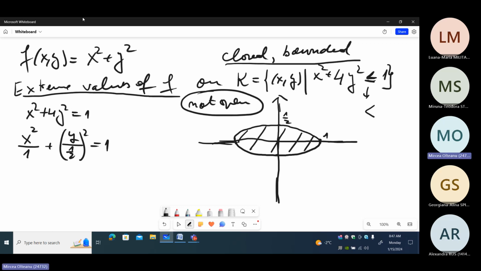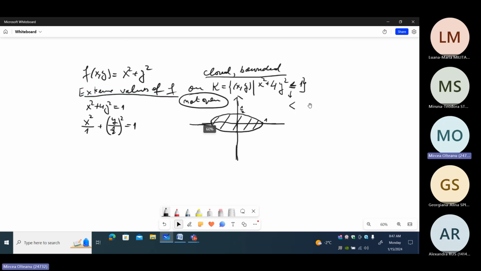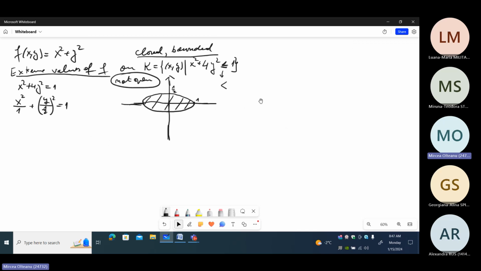So the method will be the following. We shall find all the possible local extrema on this set, because obviously the extreme values of the function f will be taken by the function at local extrema, of course. But the problem is that we cannot find them on the entire set K from the very beginning.